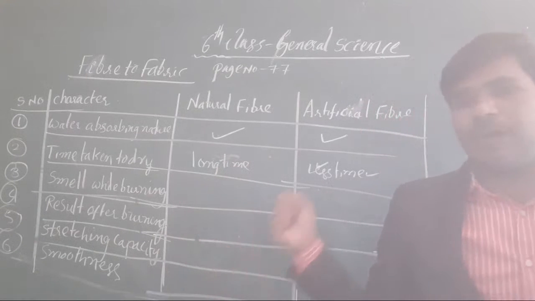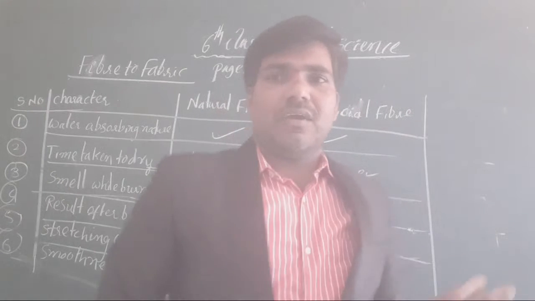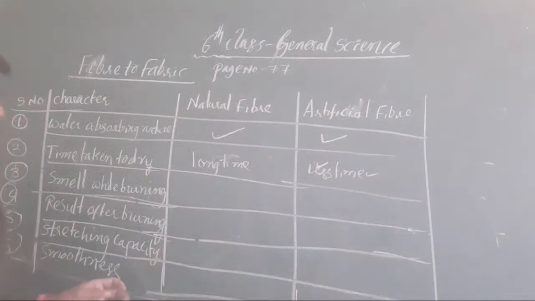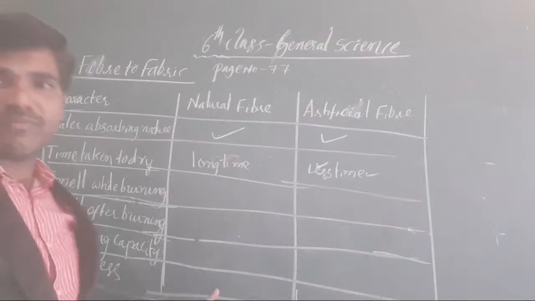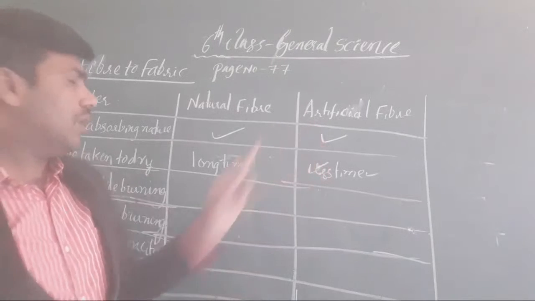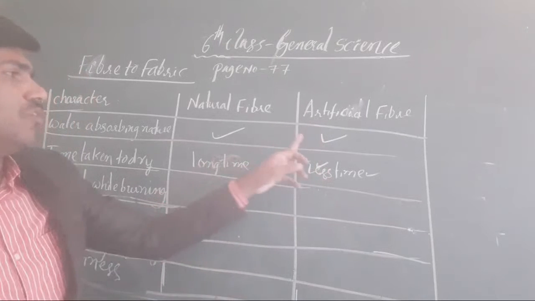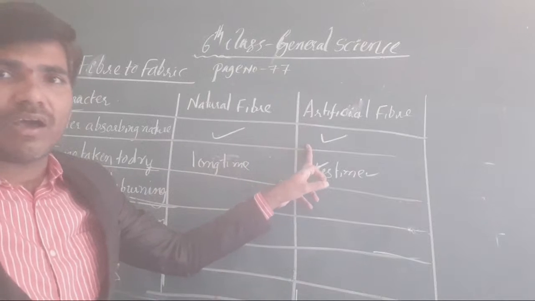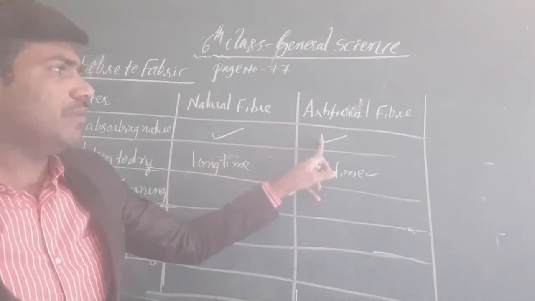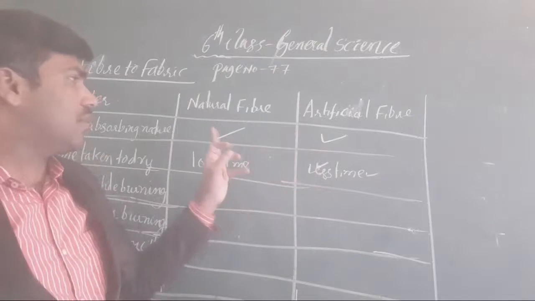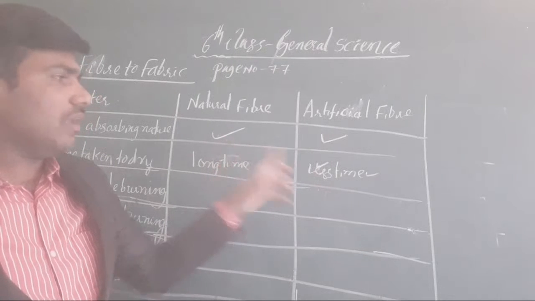The stretching capacity is low, and they are not that smooth. When you come to artificial fiber, it has low water absorbing nature, not this much. Clear or not, all of you?